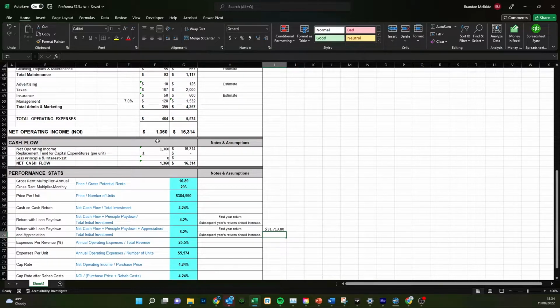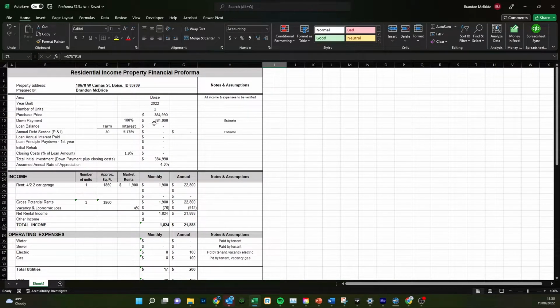And accrued basically just means what you have accumulated, or what you're counting as your earnings, even if you haven't received it in cash yet. You know, the value of the property has gone up. About half of this number is just appreciation, because you're getting about 16,000 actual cash flows, and the rest is appreciation.